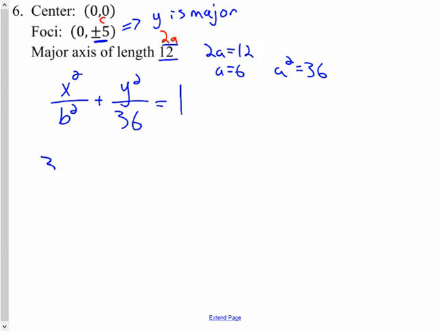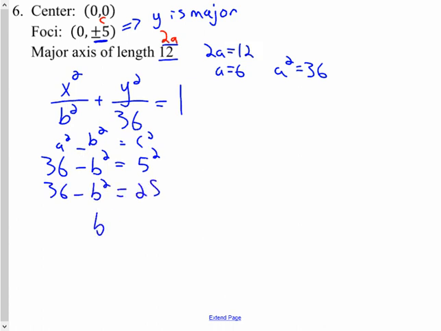And then again, 36, a squared, minus, we don't know, b squared, equals 5 squared, or c squared. So 36 minus what is 11? Sorry, it's 25. B squared is 11. Right, you can solve that one and get that. Negative b squared is negative 11. So x squared over 11 plus y squared over 36 equals 1.